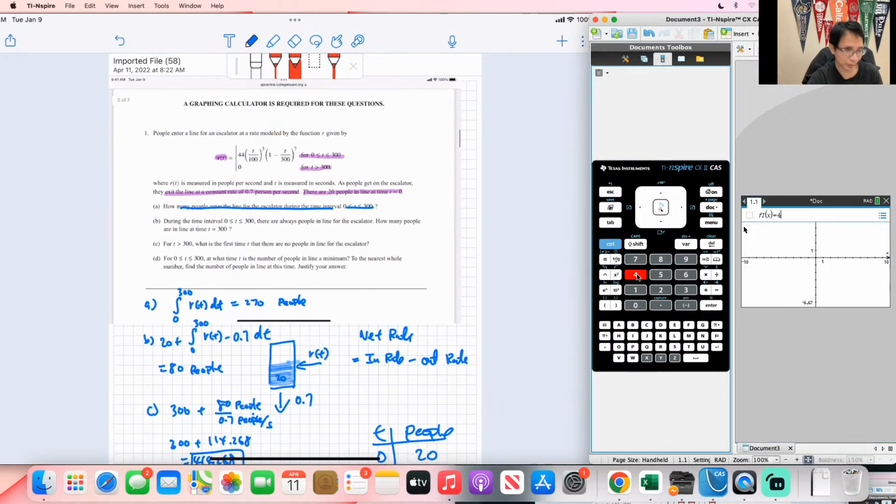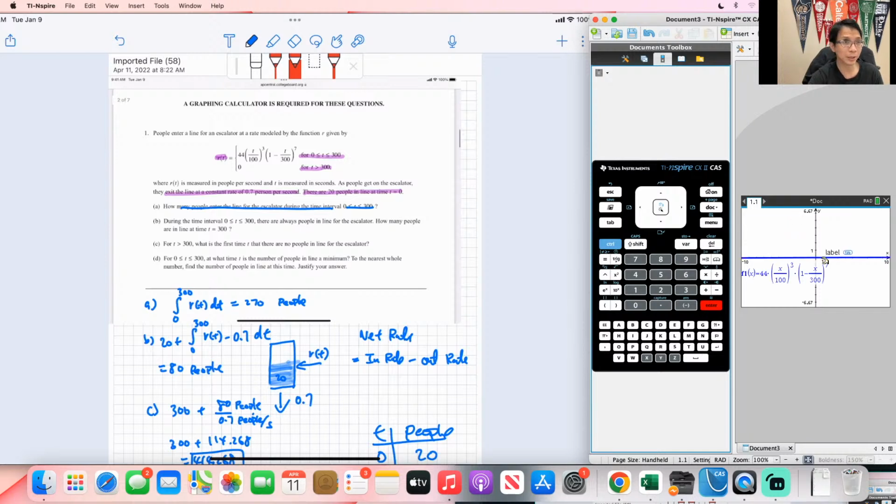Okay, now I can see 44 parenthesis, x divided by 100 to the third power, so it's hat 3. And then go here, times what? 1 minus x over 300, to the 7th power, I think. So I'm going to press enter to graph.